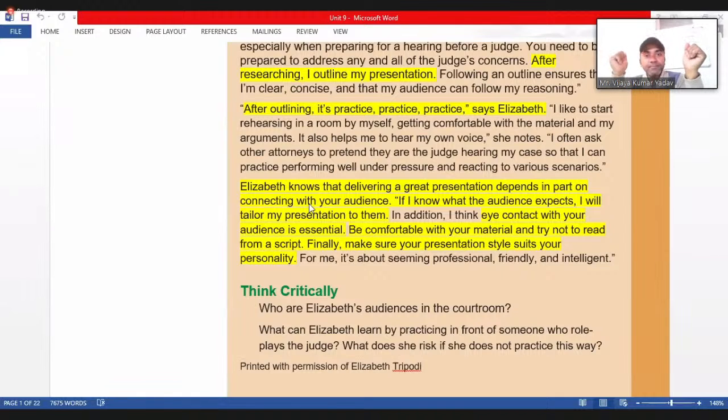Articulation is the production of the sound. How you produce the sound matters most in making the presentation effective. Actually, there are 44 sounds in English: 20 are vowels and 24 are consonants.